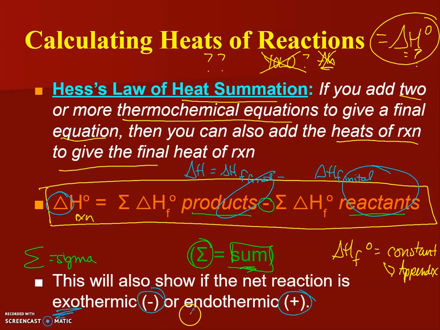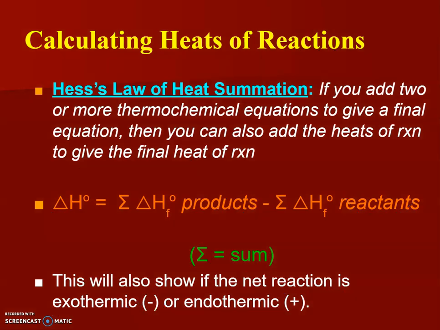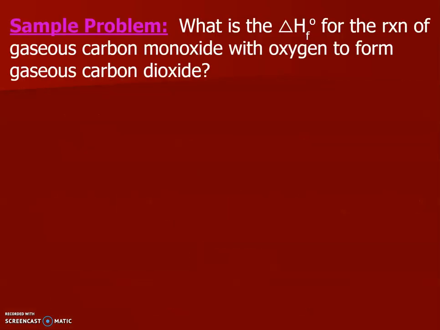We'll know if it is exo or endothermic because it'll come out with either a positive or a negative value. All right, so a typical Hess's law problem would look something like this. What is the heat of formation for the reaction of gaseous carbon monoxide reacting with oxygen to form carbon dioxide?